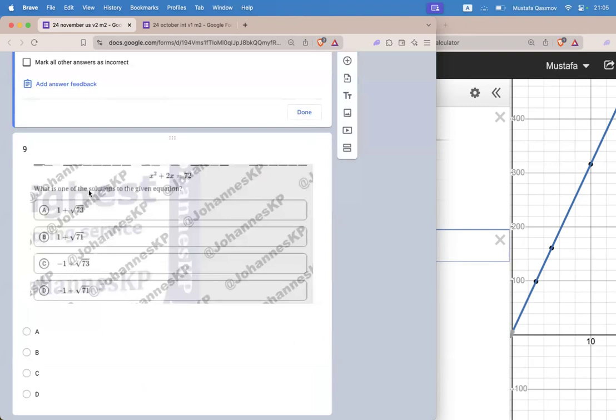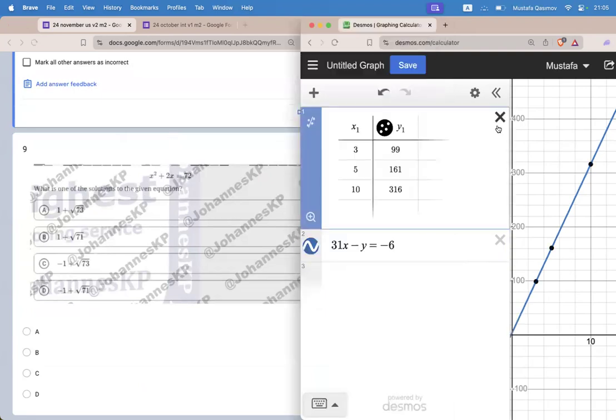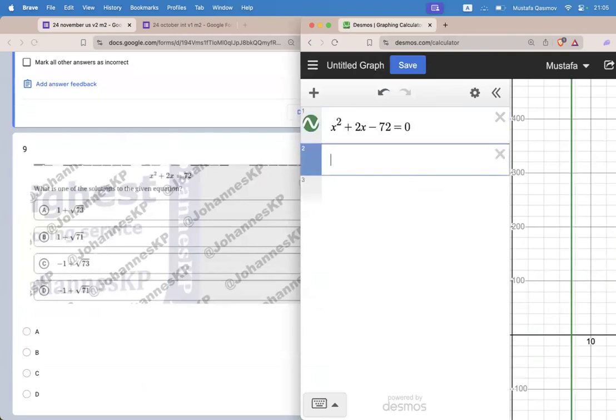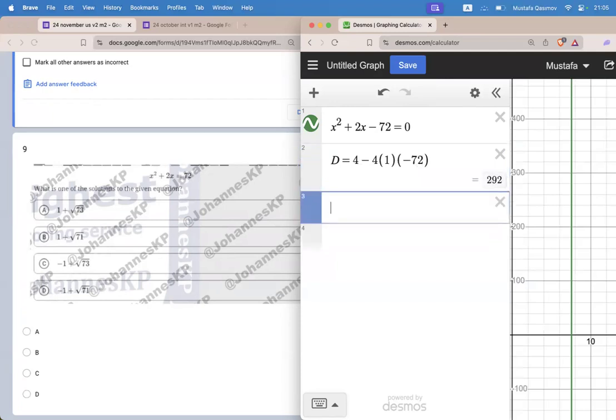Okay, which of the following is the solution of the equation above? We have to just write it like this, x squared plus 2x minus 72 is equal to 0. Then we have to find the discriminant, which is equal to b squared minus 4ac. 1, negative 72. So it will be 292.